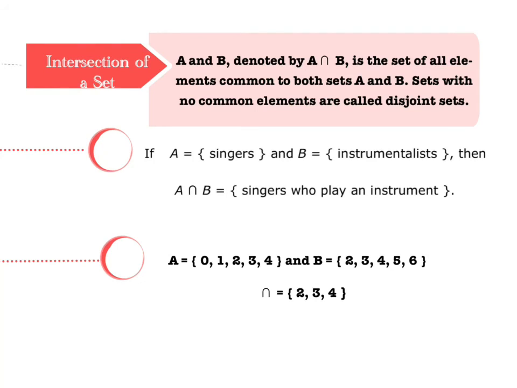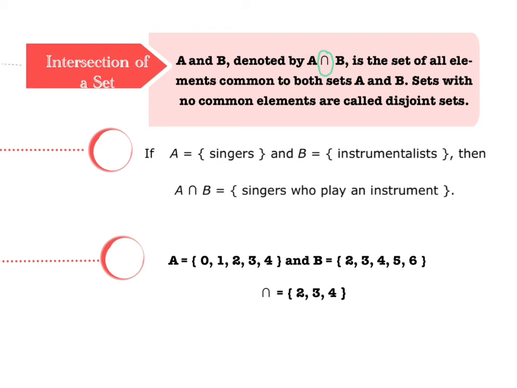So let's proceed naman to the intersection. Yung intersection naman ay ang kaparehong mga elements na nandun sa set. Okay? So in the definition, let's say set A and B denoted by A intersection B. So ito yung symbol ng intersection.